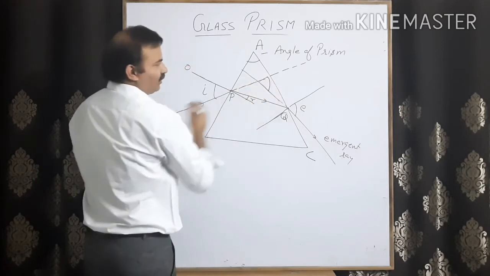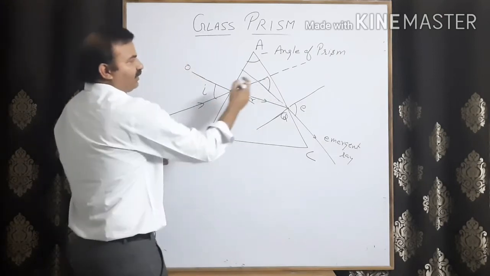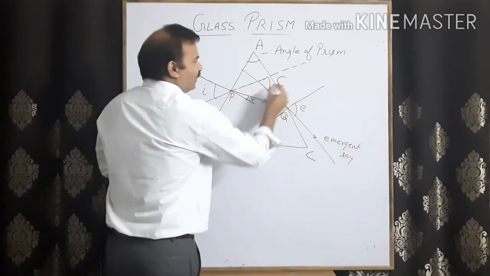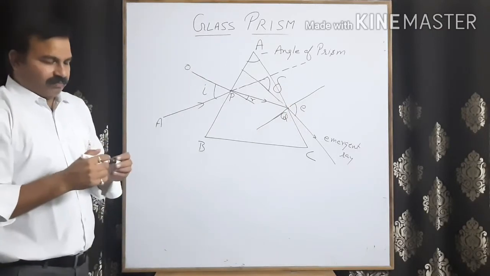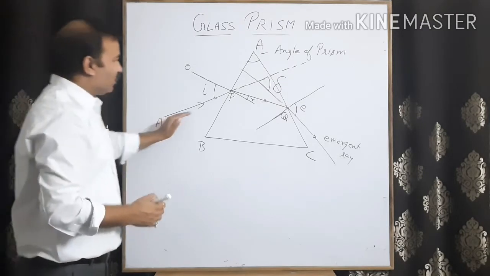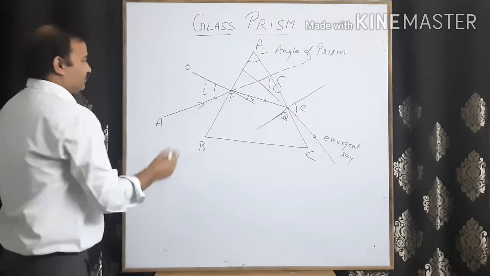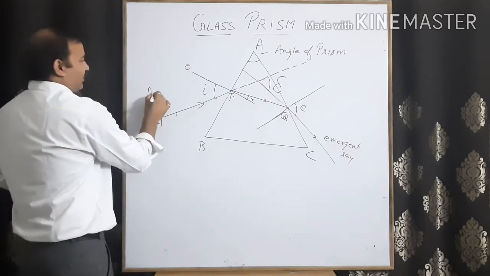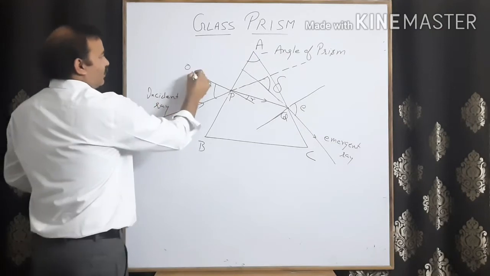This angle is known as delta, that is the angle of deviation. Angle of deviation means how much the light is deviated with respect to the original incident ray. This is the incident ray. This is the normal.